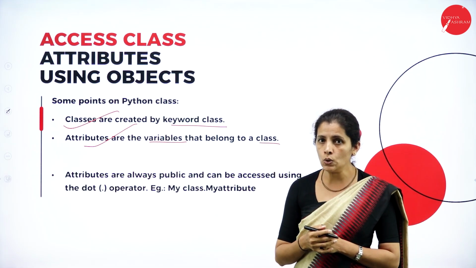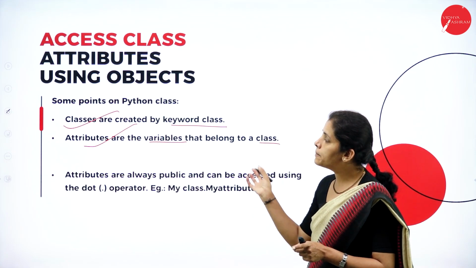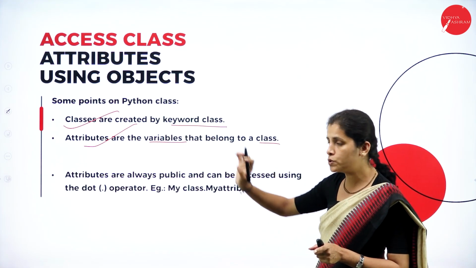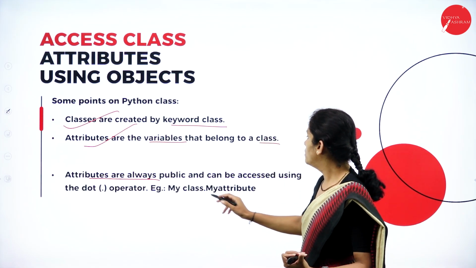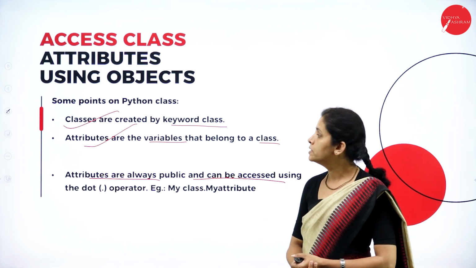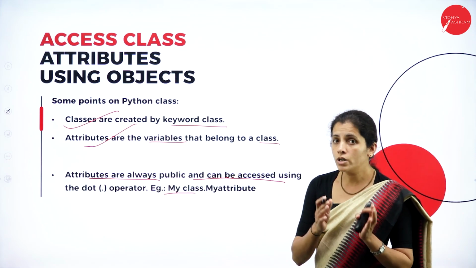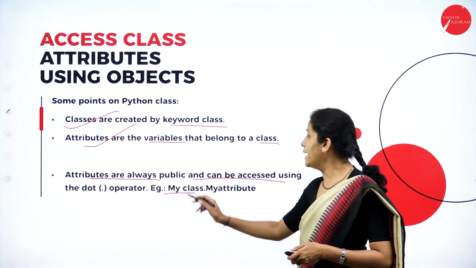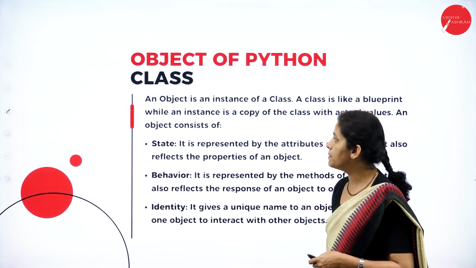So a class includes data members. So what are data members? Data members are nothing but the attributes. Attributes are always public, that can be accessed using the dot operator. So always my attributes are public. So dear student, here my class dot my attributes is an example.